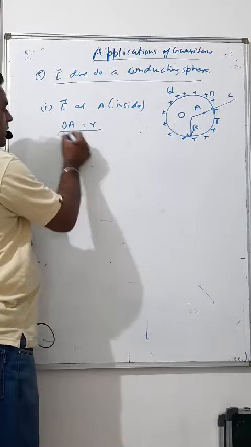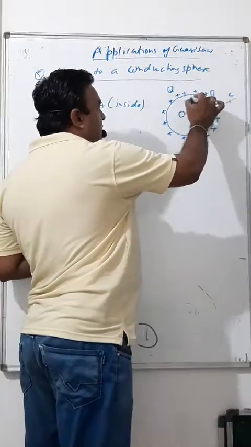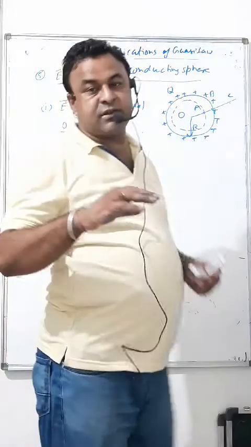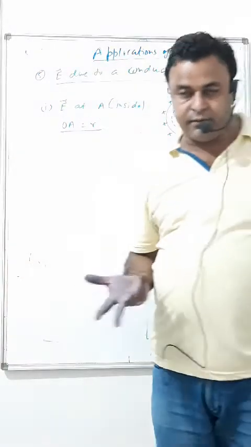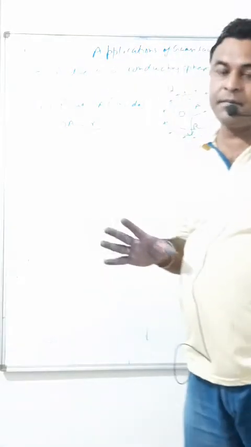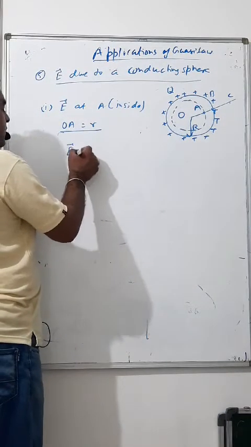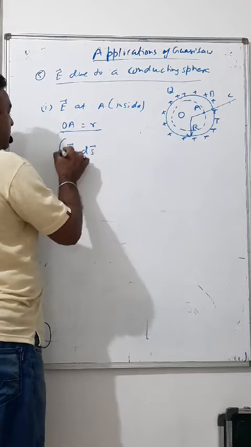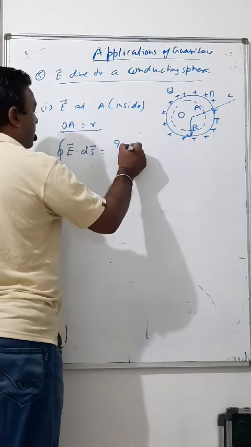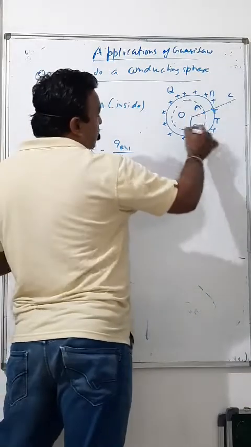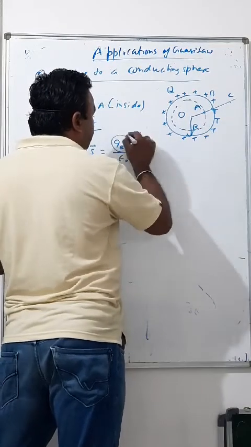OA is less than R. I assume here a Gaussian surface. Actually, the whole charge is on the surface and we are inside. There is no charge inside. E dot ds equals Q enclosed upon epsilon naught, but here Q enclosed is 0.